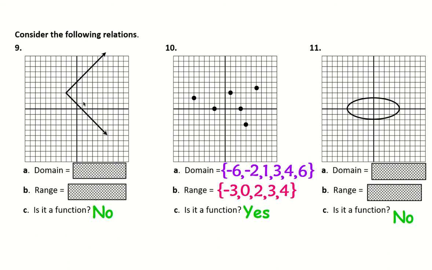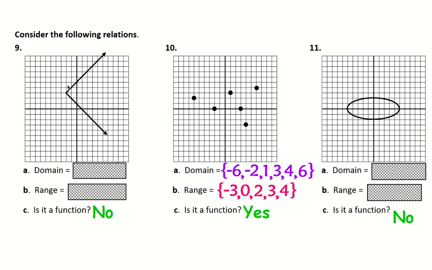Now, domain and range of number 9 and number 11. You have to remember that there's an infinite number of dots on this graph, so there's technically an infinite number of x coordinates and y coordinates. So we give these answers in intervals, where we say the smallest x coordinate would be this and the largest x coordinate would be this, or there is no smallest or largest because it goes on forever.